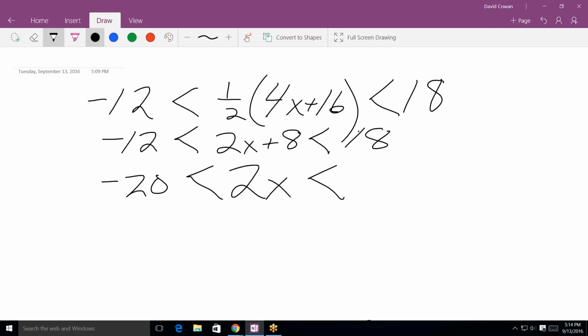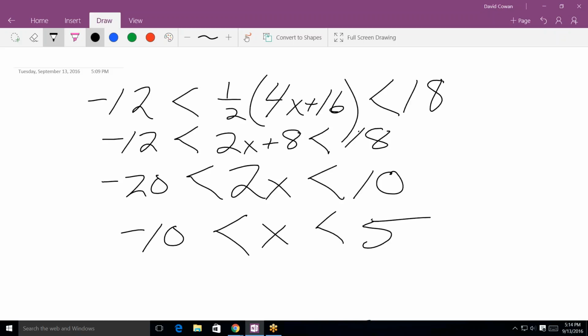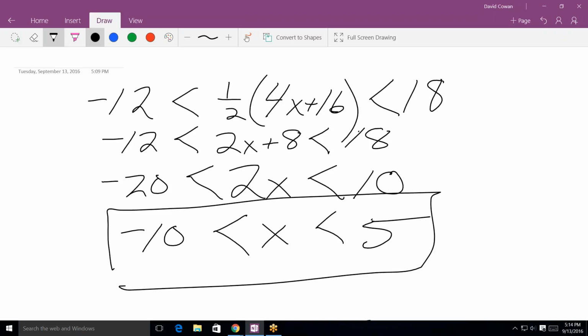Well, when I subtract 8 from 18, I get 10. And now I can divide all three places by 2. So I get the same answer a lot quicker, really, and a lot easier. And now I don't have to worry about putting it back together again or anything.